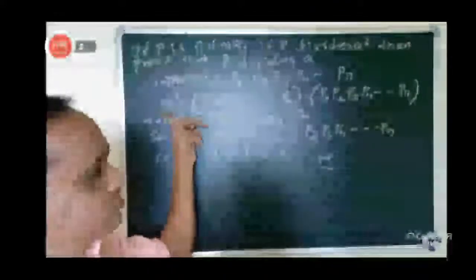So a equals p1, p2, p3, p4 up to pn, and here p exists. So p must divide a. This is proved. In this way, if p divides a square, then p must divide a. This is the theorem. It will be utilized in proving other assumptions.